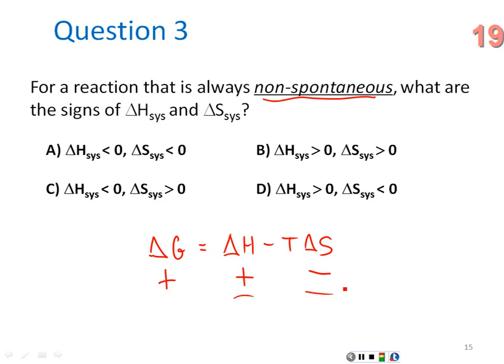So the correct choice for this would be, let's see, delta H has to be positive, delta S has to be negative, that would be D.